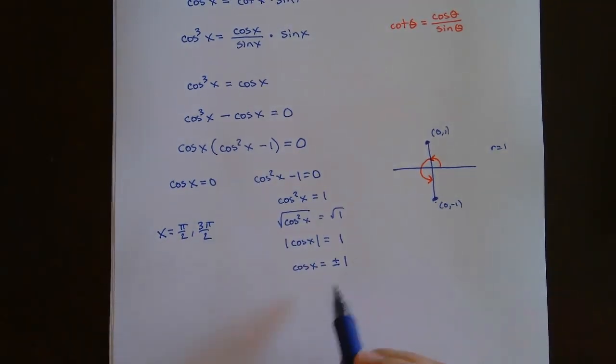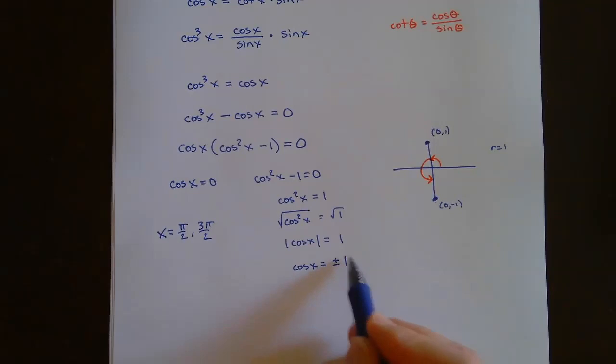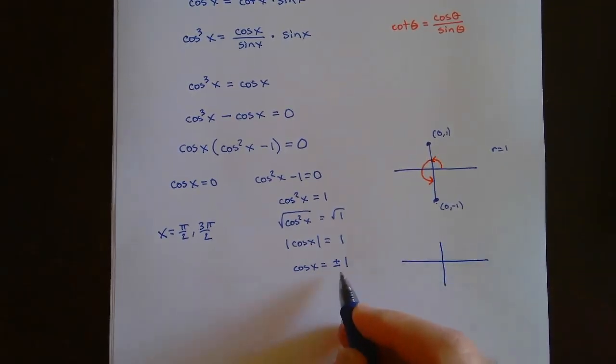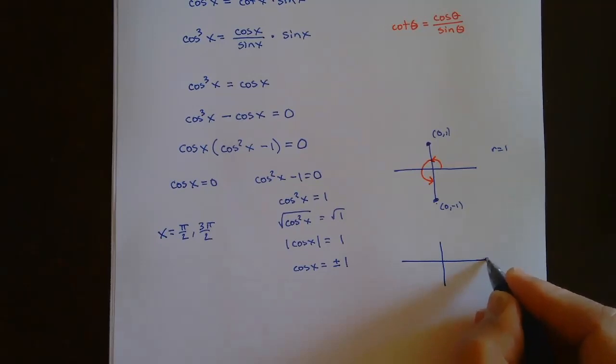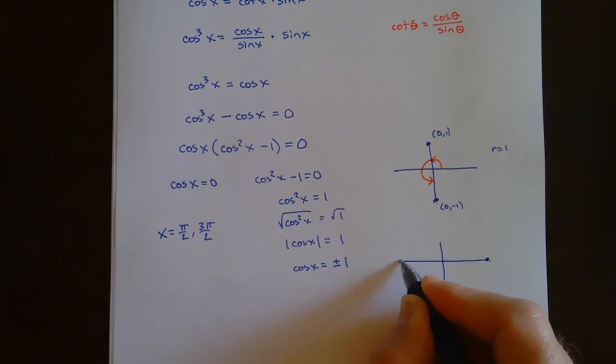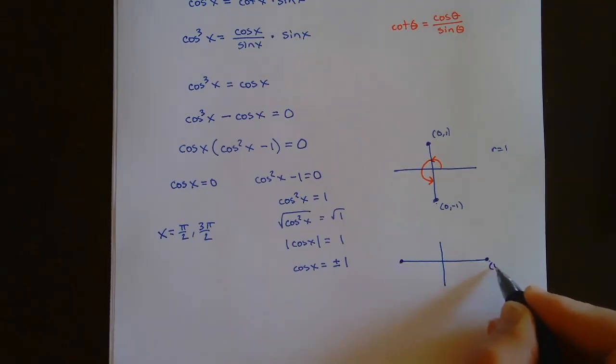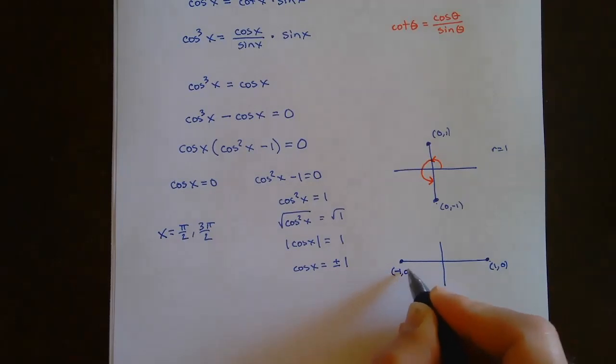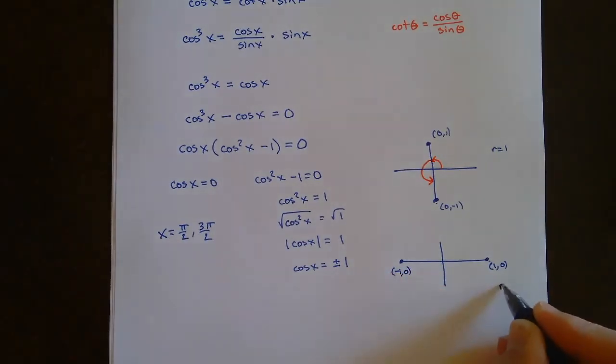Okay, now how about this one? Where could cosine x, where could the ratio be 1? Well, the cosine ratio could be 1 right here, or it could be negative 1 right here, because right here x would be 1, y would be 0. Here x would be negative 1, y would be 0, and r would equal 1.